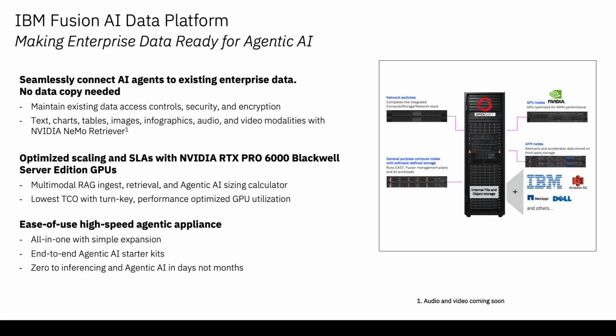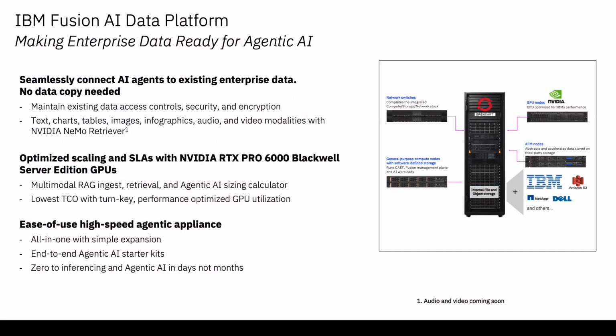And so this gives us the ability to seamlessly connect to existing enterprise data, eliminate that copy data sprawl, preserve the existing access controls, and then with that, allow you to use that data to extract the semantic meaning from the text, tables, and multimodal content, whether it be infographics, the video that's coming soon, and other types of capabilities. The AI data platform reference architecture that Jacob mentioned with the Blackwell GPUs, we've integrated and optimized that into the Fusion HCI platform as well.